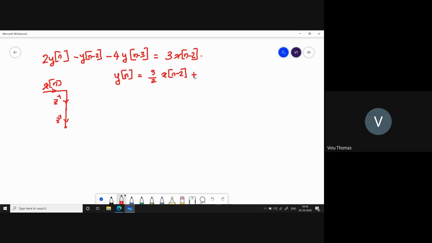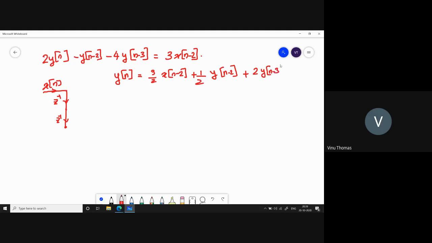Plus 1 by 2 y(n minus 2) plus 2y(n minus 3).